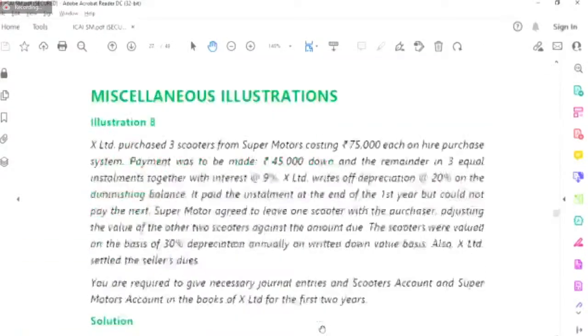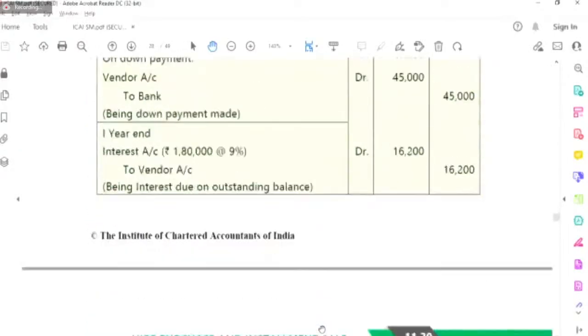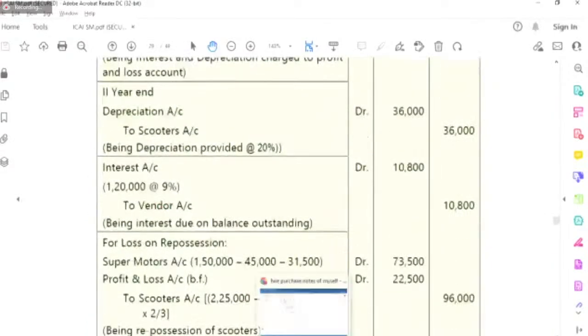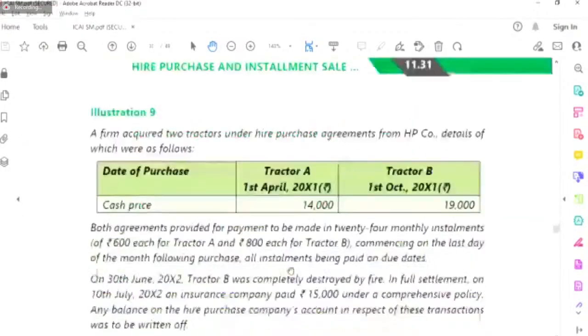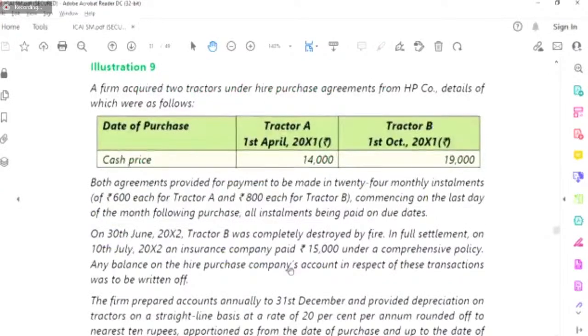Send me a comment whether you have done it or not. Yes, illustration number 9. Read this illustration, a very important illustration.